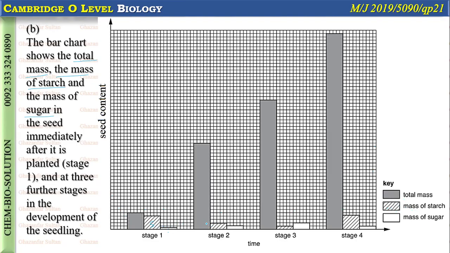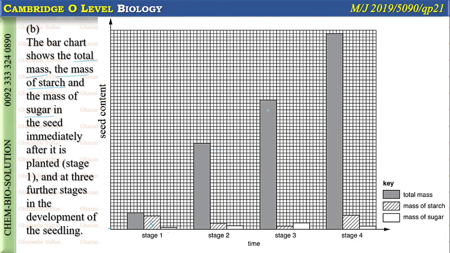But in stage 2, you can see that starch decreases while the amount of sugar increases a little bit. It was at half a box at this height, and now it is up to here. The level of starch decreases, but the total mass is much increased.